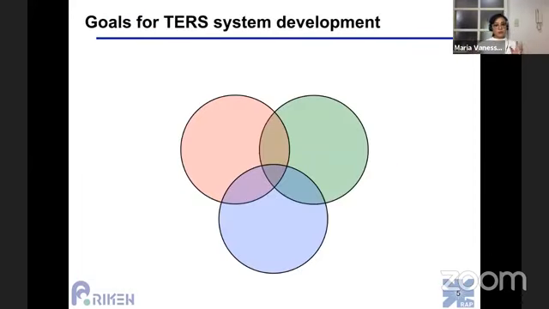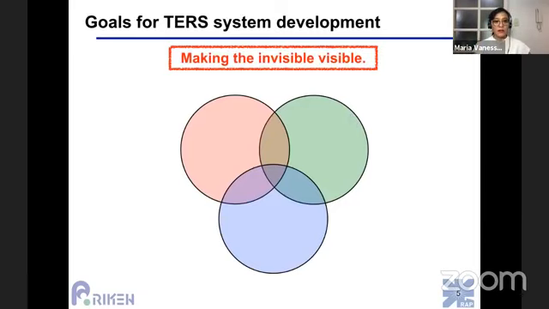Now, in our team, the main goal is to develop the system. There are three factors which we want to develop, but there is one core idea behind everything. It is simply making the invisible visible, which is the main purpose of a microscope.